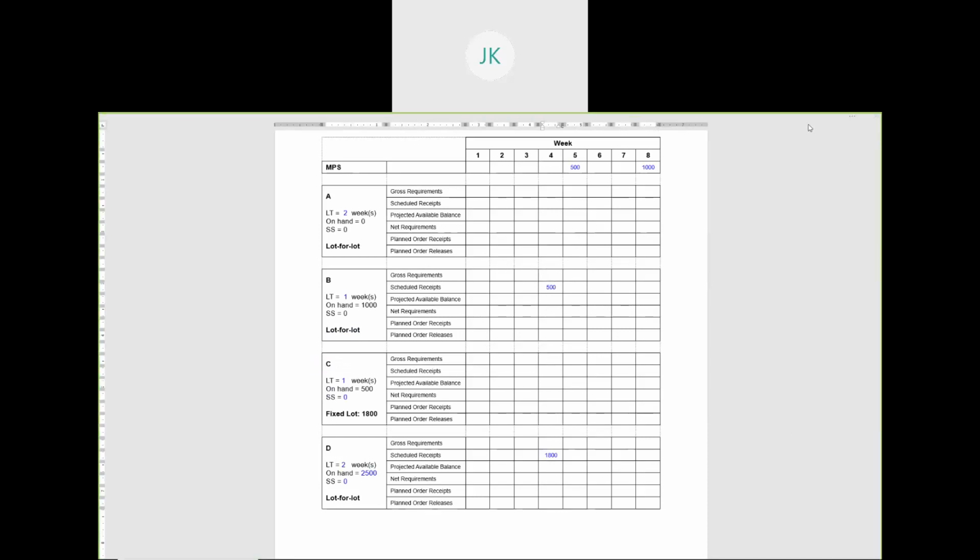I will use the pen. A connects to B directly, and also connects to C, and B connects to D like this.